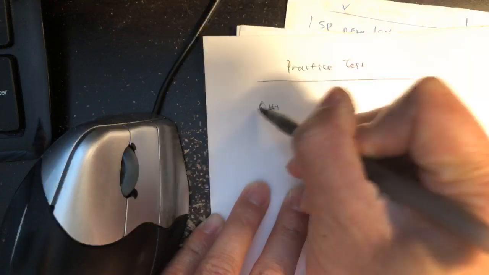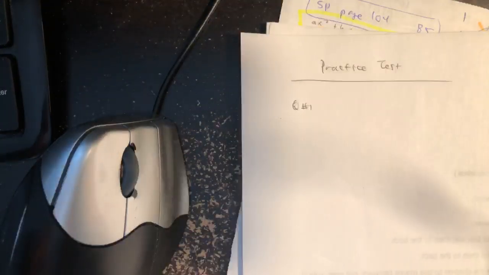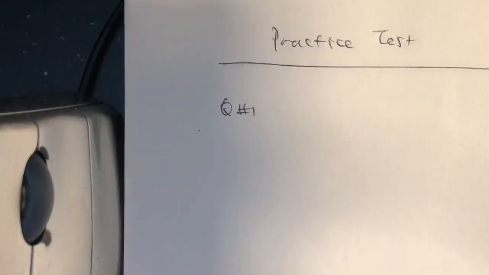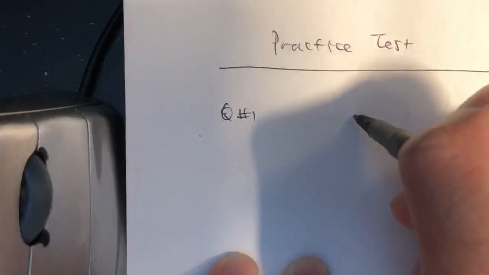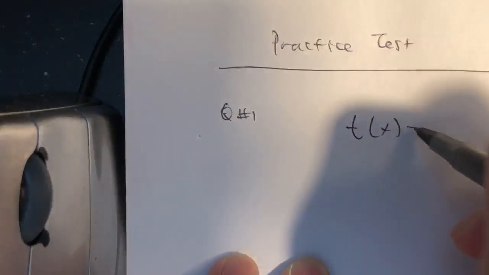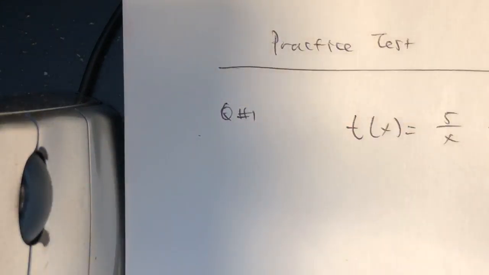Question number 1. T of x equals 5 over x minus x. The question says determine whether each function is a rational function or not a rational function.